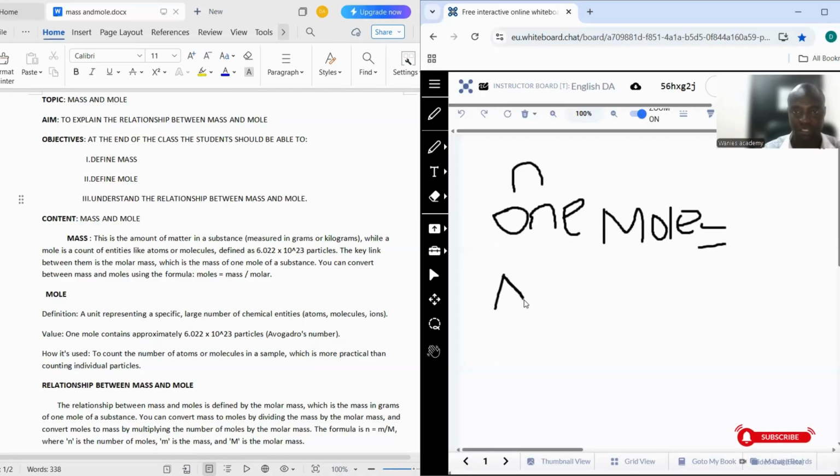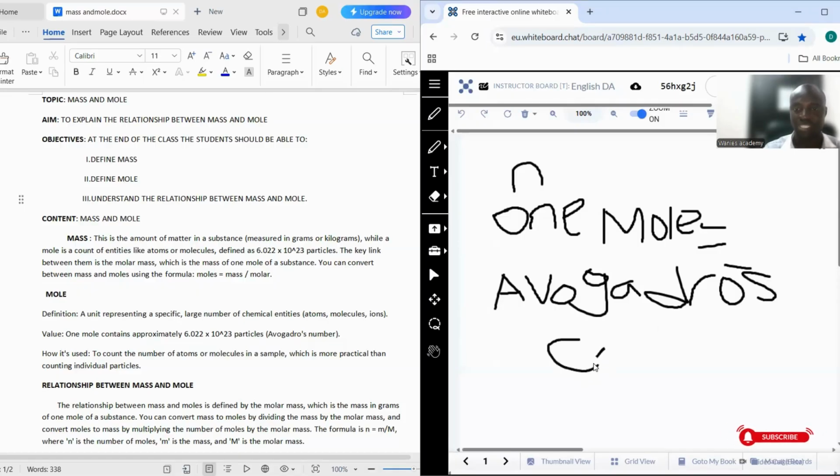Take note of that. This Avogadro's constant has a numerical value associated with it.